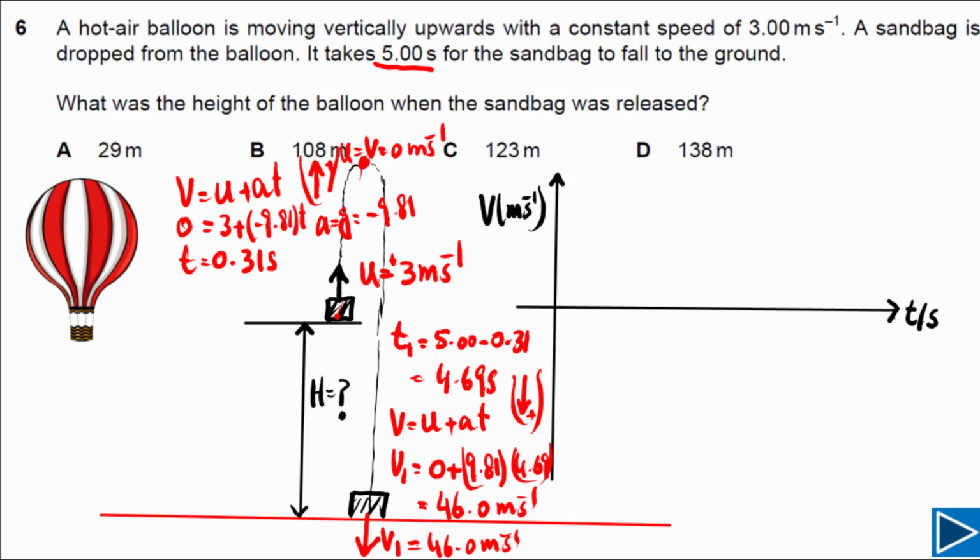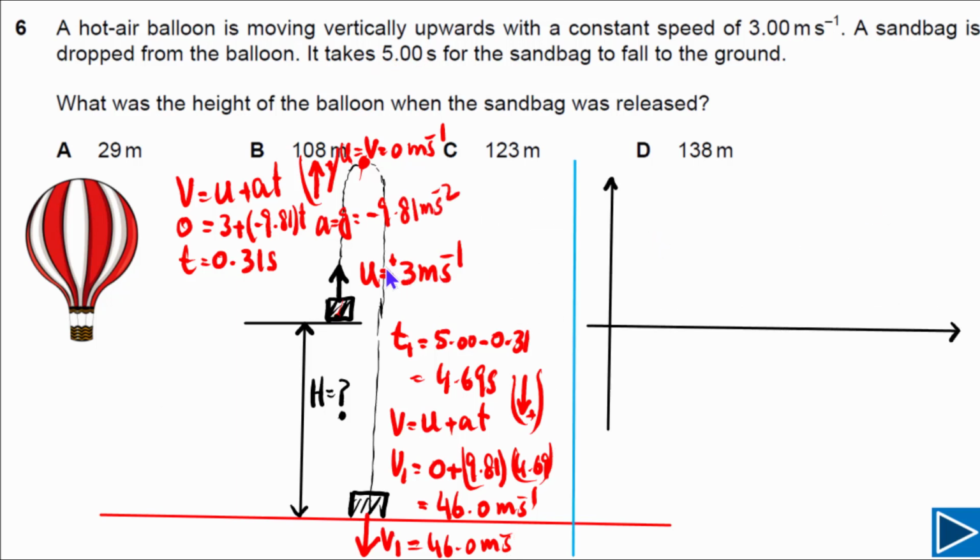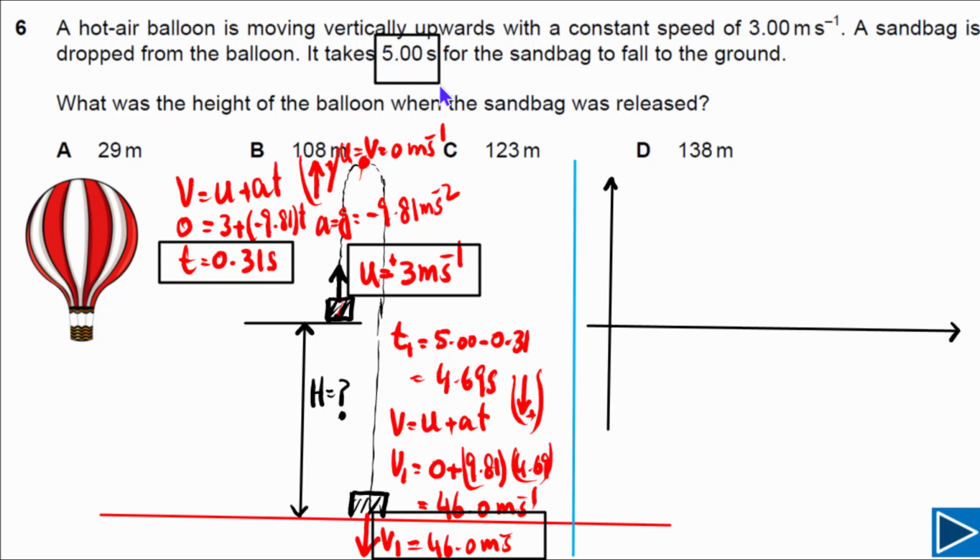Now that's all we have done. All we need to do is sketch the velocity time graph. In order to sketch it, we need the value of initial velocity u, the value of t, the value of v1, and the total time taken.